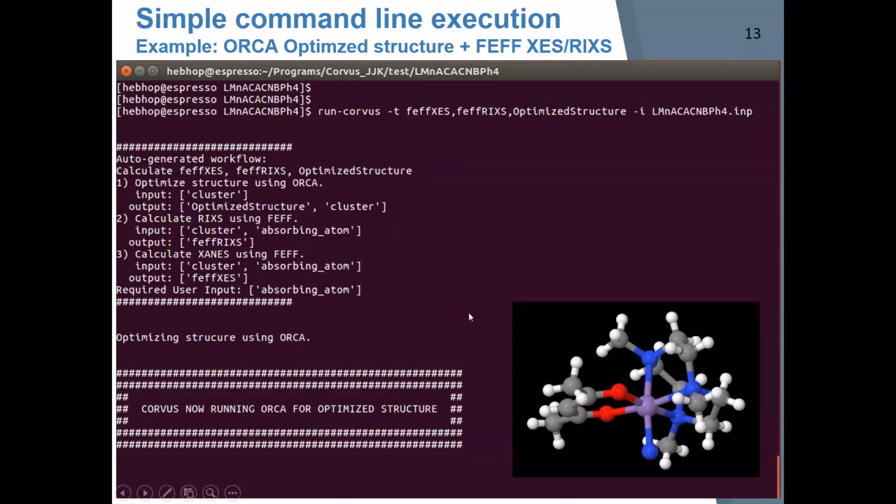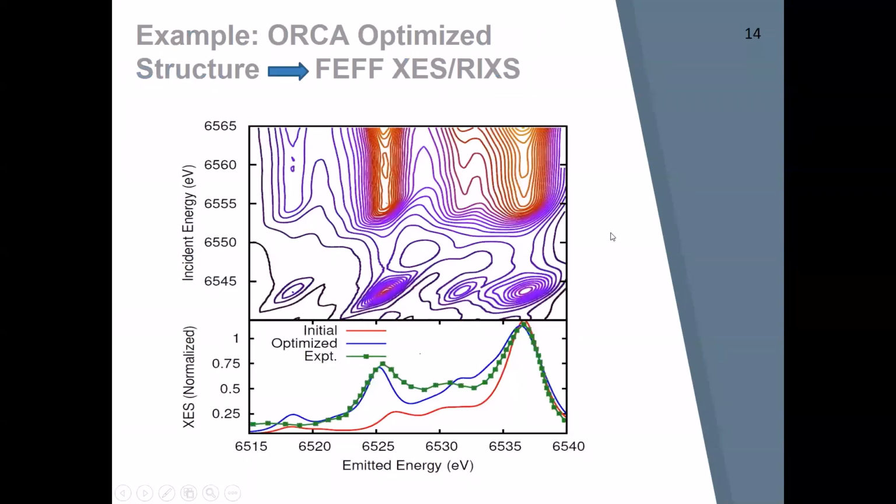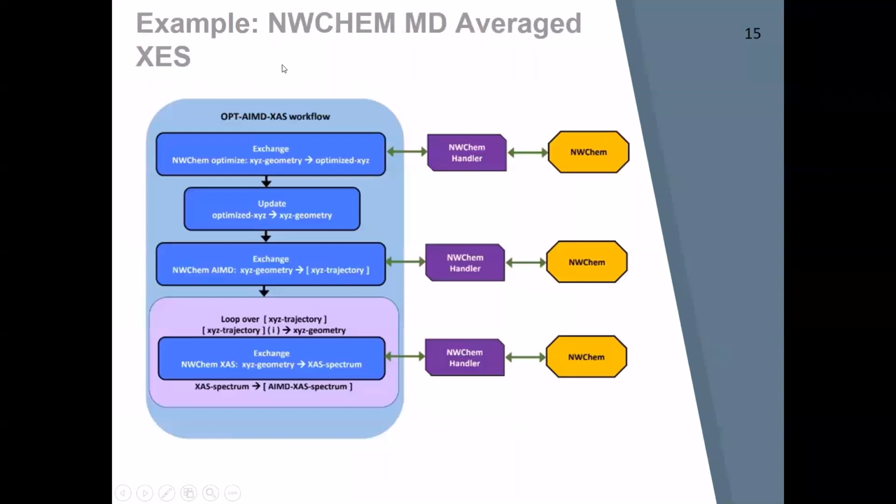So the structure was a little bit different, but you can see in the end with the XES, you get a pretty large improvement in the spectrum when you optimize this, and this is the kind of output that you would get.